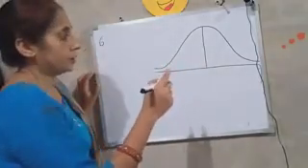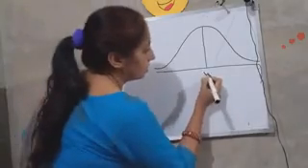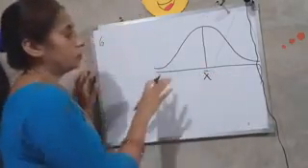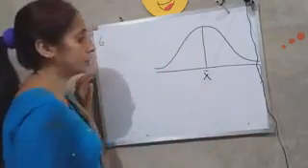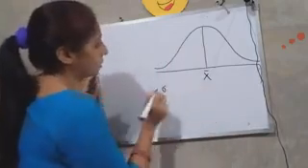This property says that this will be your x bar. Suppose this is a data series and you have calculated the mean of this distribution and also the standard deviation.